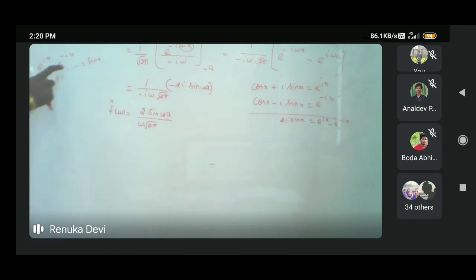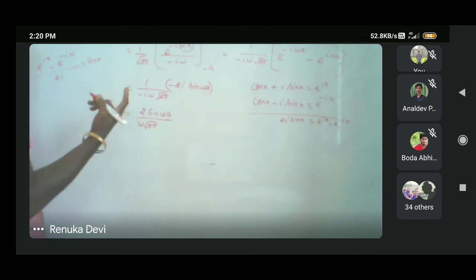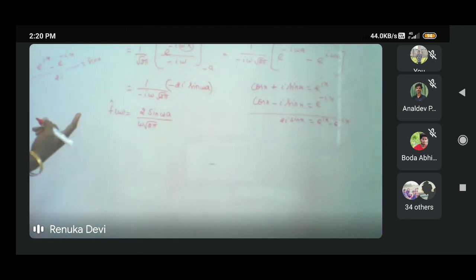So here this is a formula where we are using x, but here it is wa or aw. So 2 by w into sin wa. Now this is your Fourier transform of f.